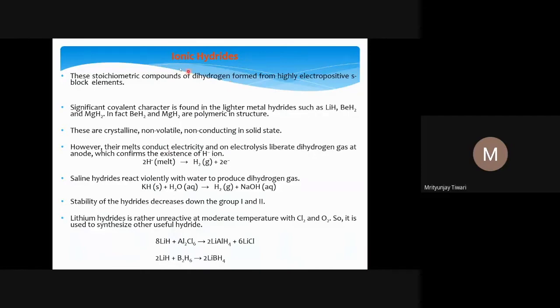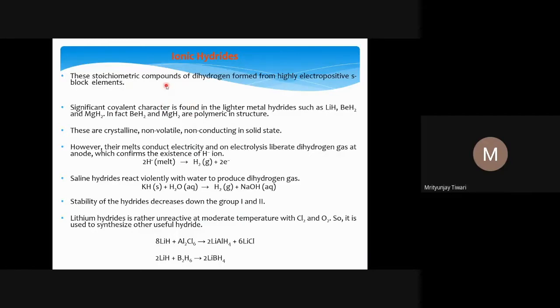So let us come to the ionic hydrides. These are stoichiometric compounds of dihydrogen formed from highly electropositive s-block elements. S-block elements, as we know, are the first and second groups: alkali metals and alkaline earth metals. If you look at the periodic table, the first two groups are s-block elements because if you write their electronic configuration, the last electron goes into the s subshell.